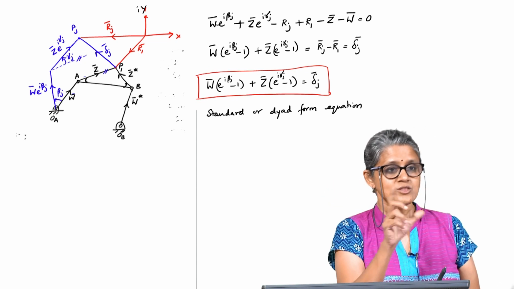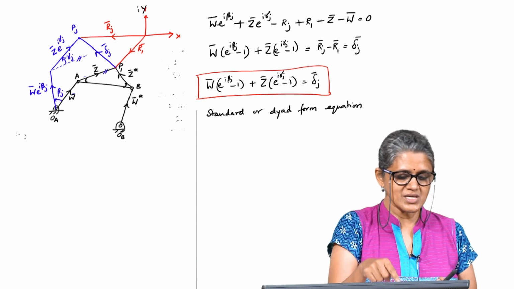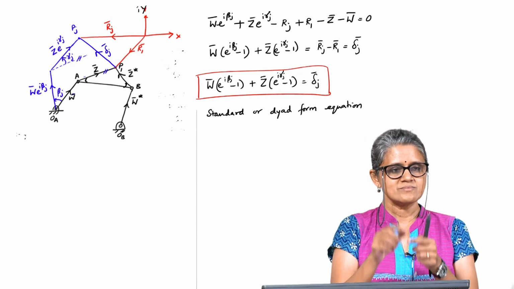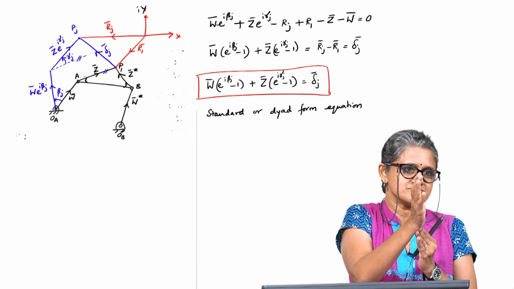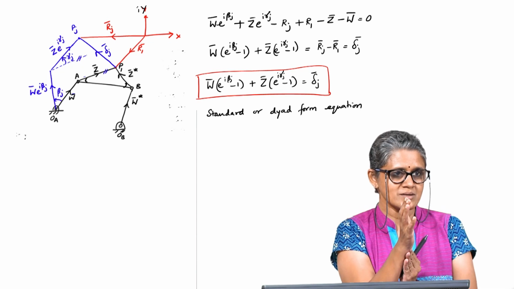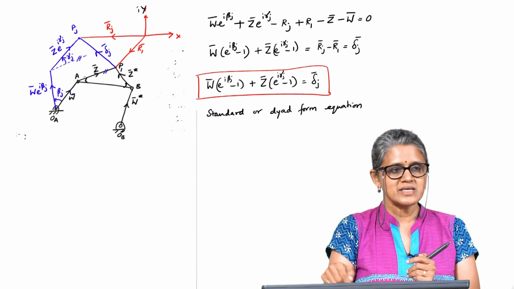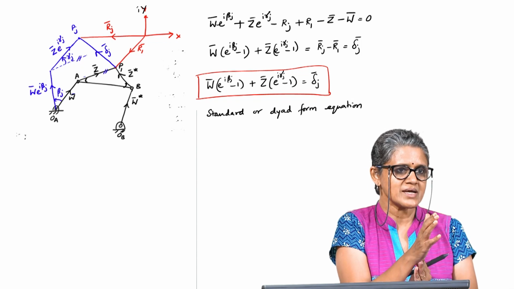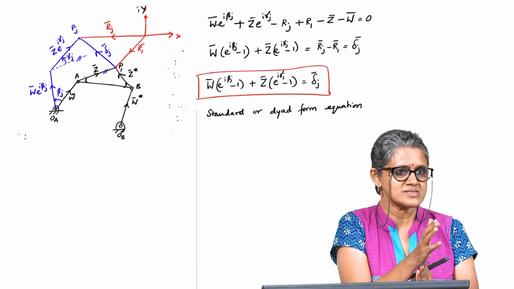Those are not changing. So, here I am moving this dyad from one position to another and trying to define this in terms of the angular movements of the dyads.